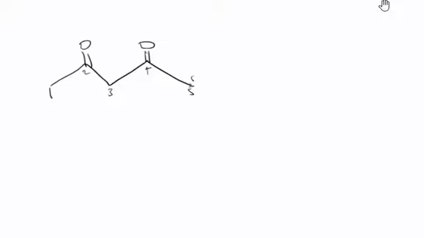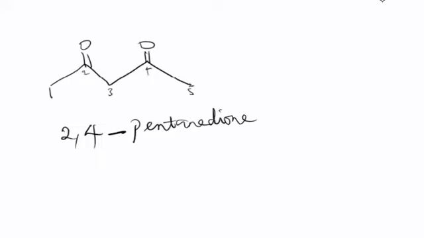So even if we count in the reverse manner, 1, 2, 3, 4, 5, we'll get the same result. So now let's notice that I have my ketone at carbon 2 and carbon 4. So I can simply name this by adding the positions of the ketones and then naming the compound and adding dione. So this is a pentane, so I call this a pentanedione. As simple as that.